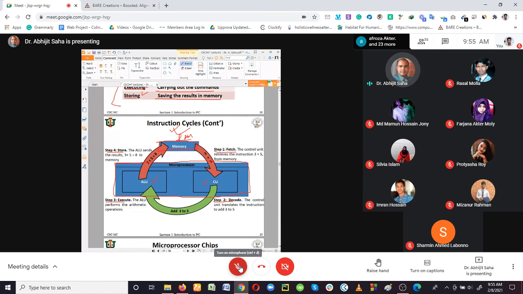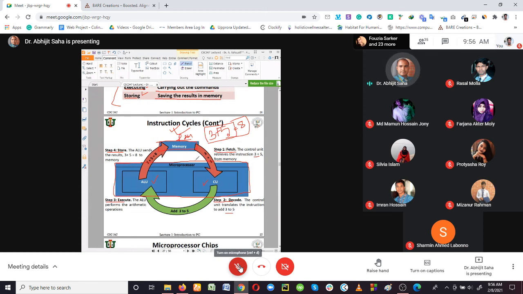In this example, we are showing how the instruction cycle is carried out with an instruction 3 plus 5. That is, how this 3 plus 5 instruction is going to be executed on the computer system to get the result 8.